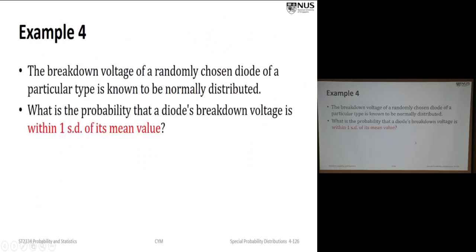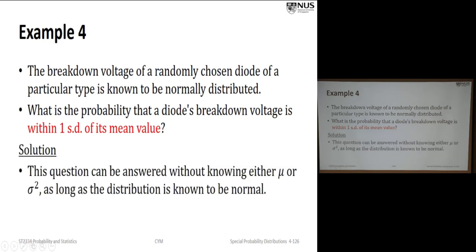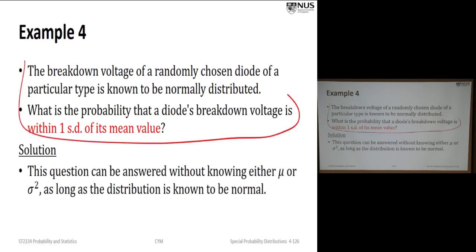I think I skipped question 4, example 4. It basically, this is a type that, all right? The whole question, do you see any numbers? No numbers. Basically, I ask you a probability. A probability of what? A probability of the random variable lies within one standard deviation of the mean.